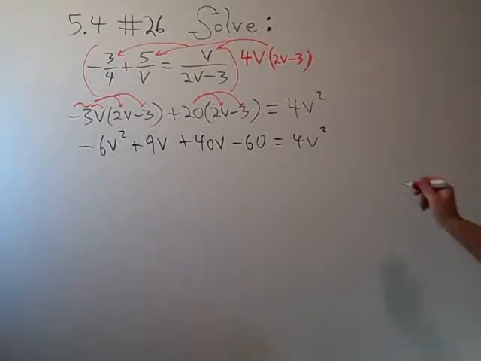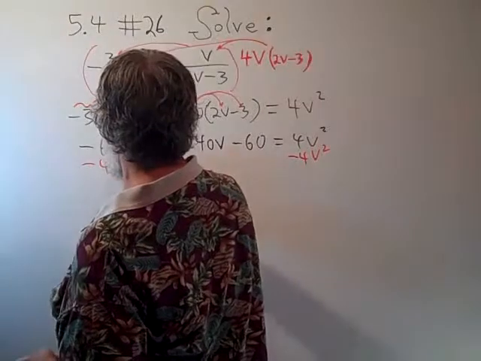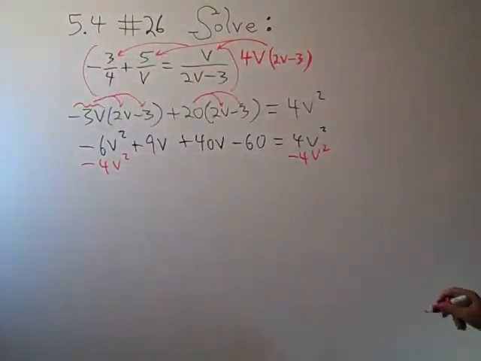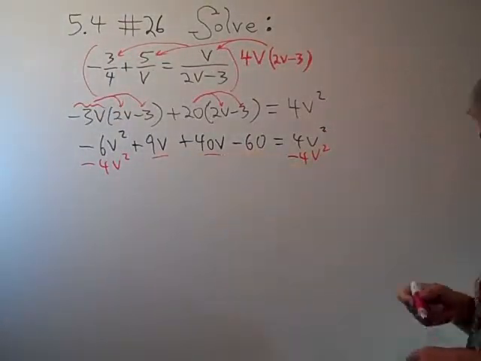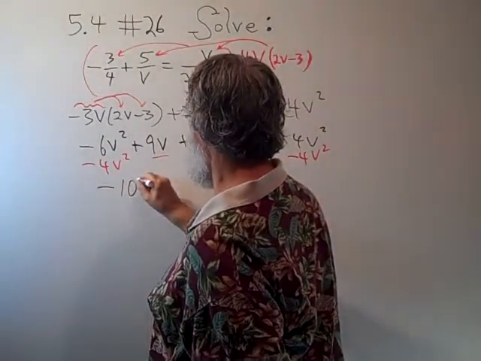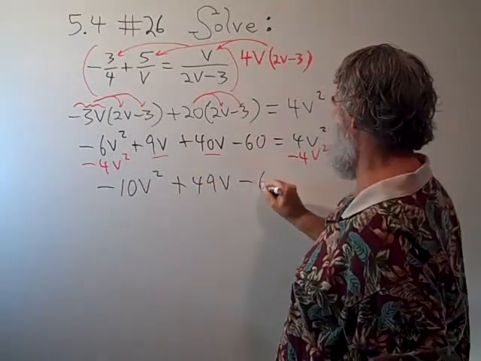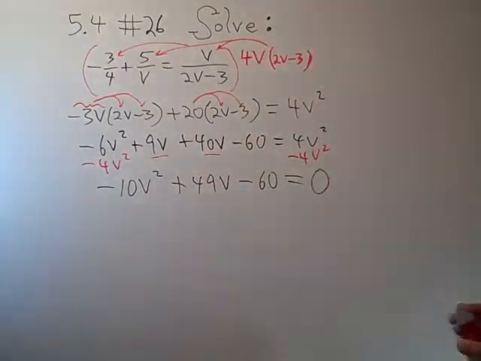Now let's get all the v squareds together on the same side of the equal sign by taking 4v squared away from both sides. Combine the two middle terms here, and we end up with negative 10v squared plus 49v minus 60 equals 0.